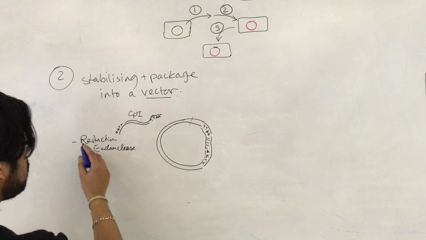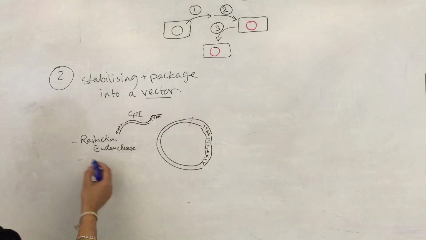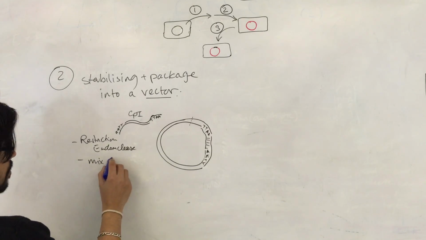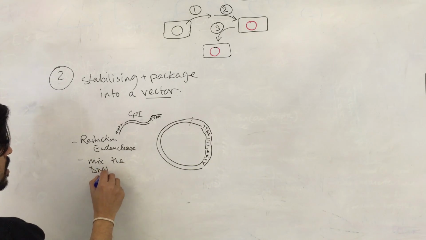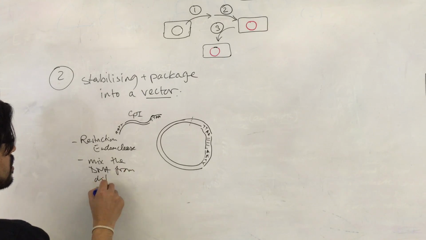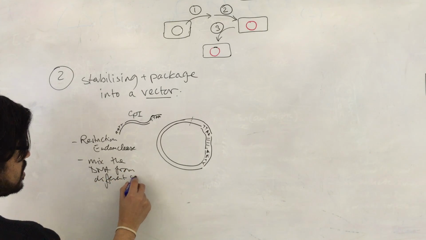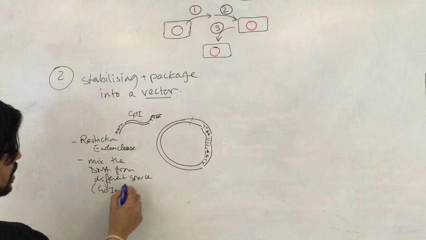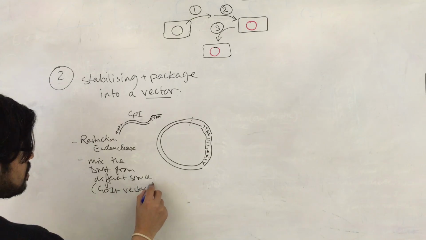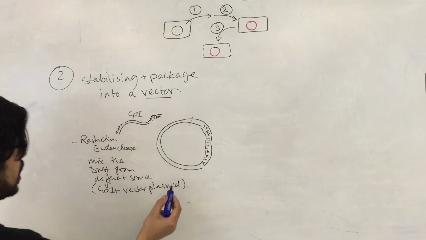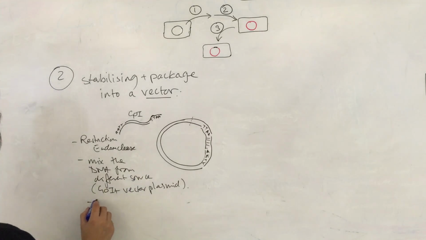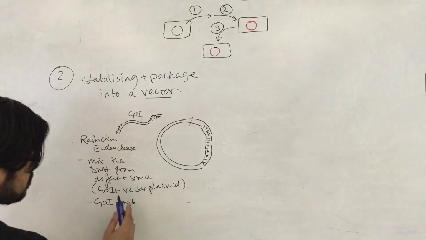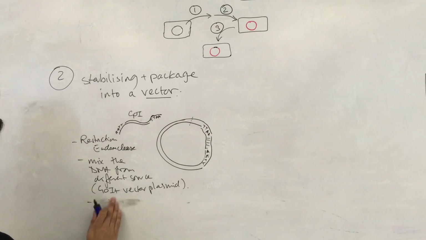It's now annealed. So we treat the vector with the restriction endonuclease. We mix the DNA from different sources. Essentially for us that's our gene of interest plus our vector plasmid. The sticky ends allow annealing.